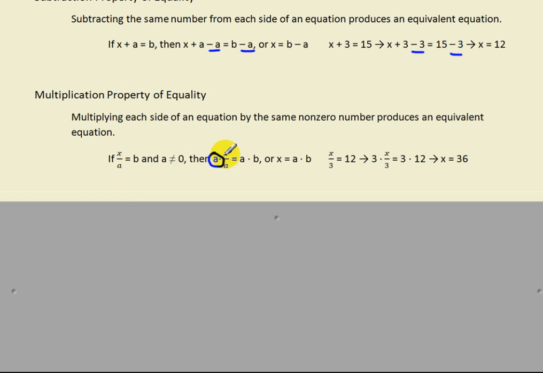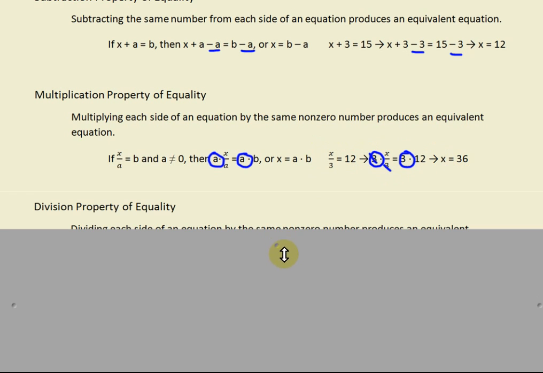So here's a times x over a equals a times b, and we get our solution of x equals a times b. Using numbers, we have x over 3 equals 12. Multiply each side by 3, the inverse operation. So instead of dividing by 3, take the inverse, multiply by 3. The 3's will cancel so that we get x by itself, and x is equal to 36.